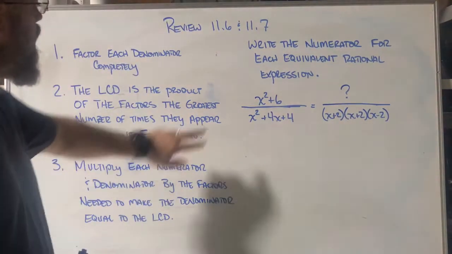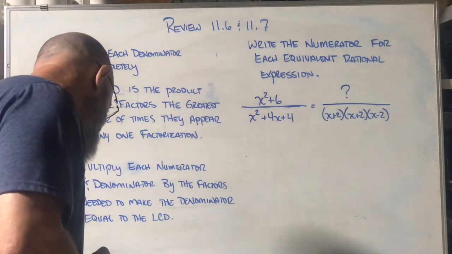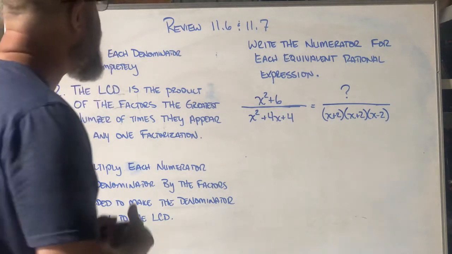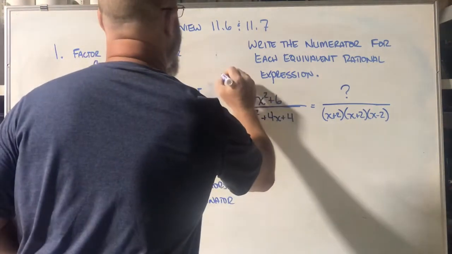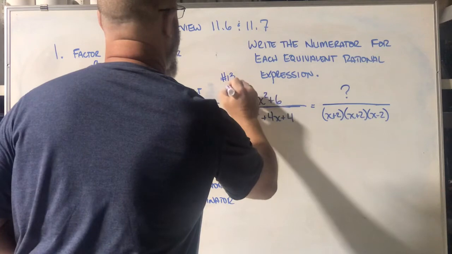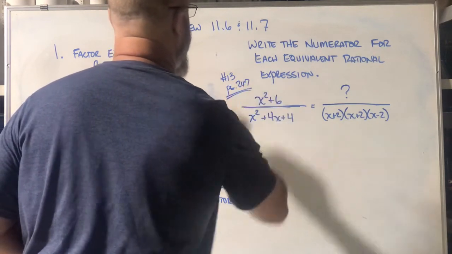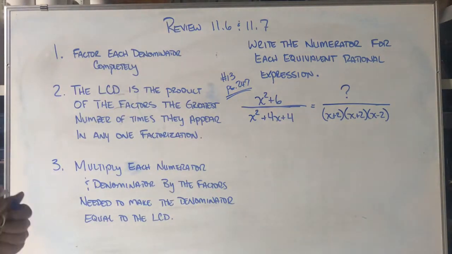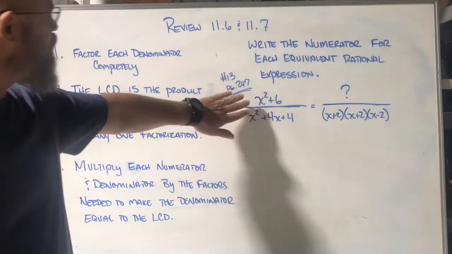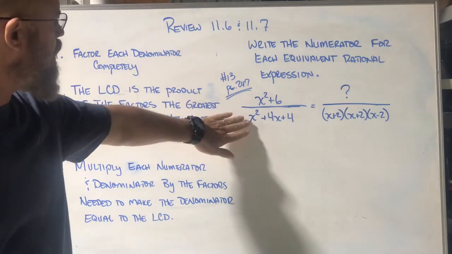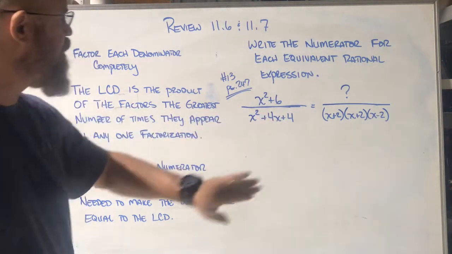So, this is actually number 13 on page 247. They give us this rational expression, x squared plus 6 over x squared plus 4x plus 4.